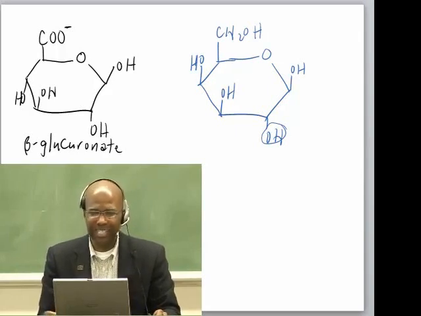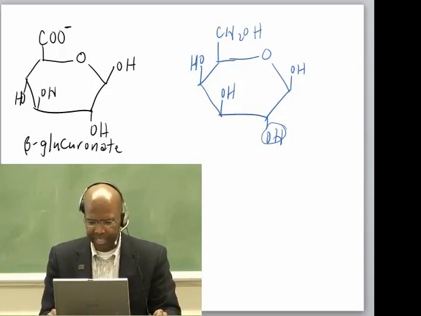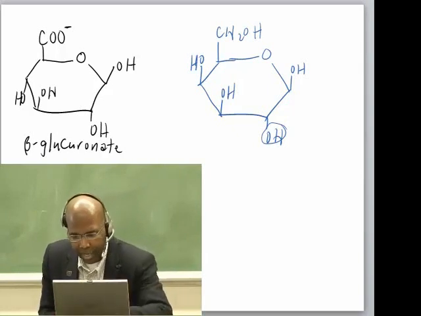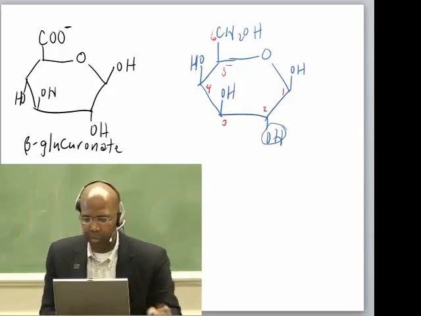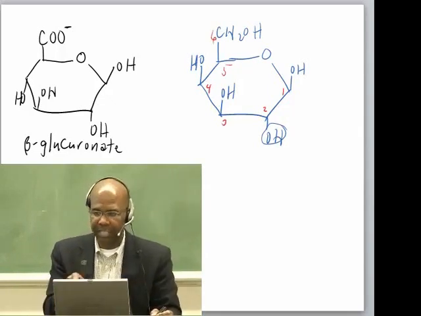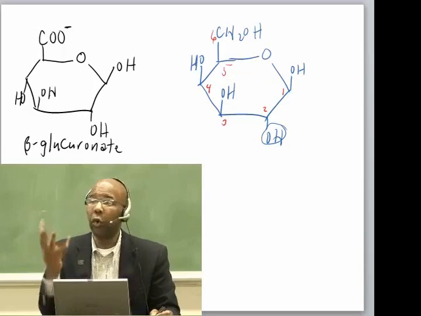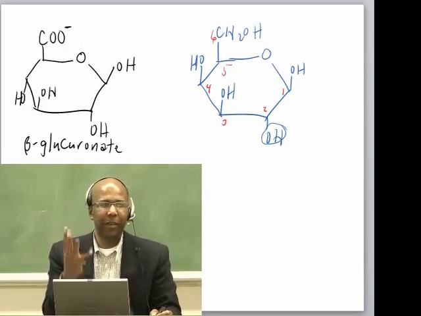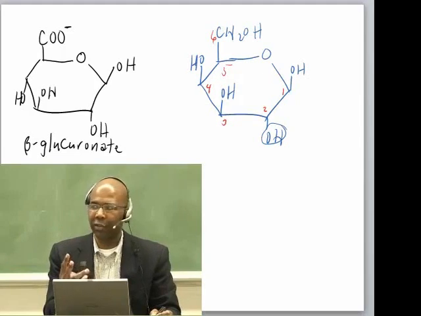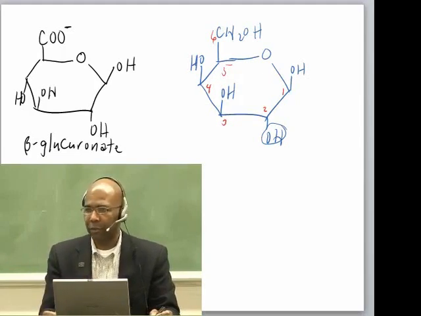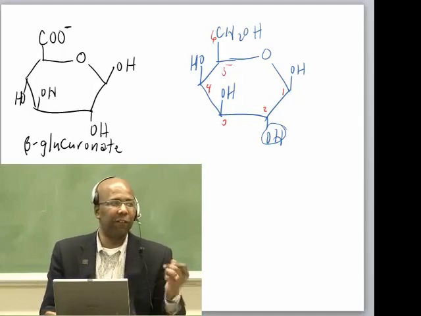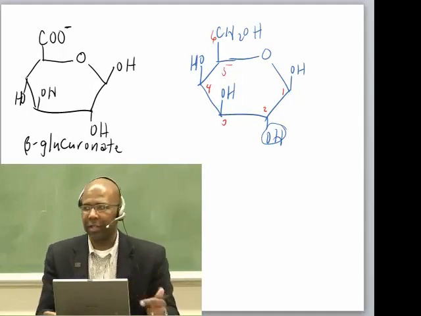This is an epimer of glucose. 1, 2, 3, 4, 5, 6. What number epimer is this of glucose? This is the 4 epimer of glucose. What carbohydrate is the 4 epimer of glucose?